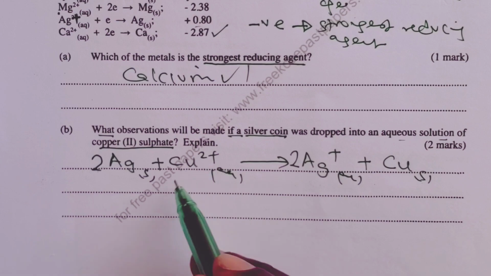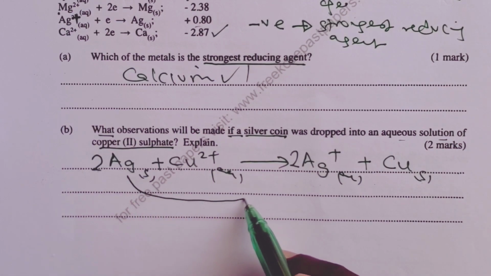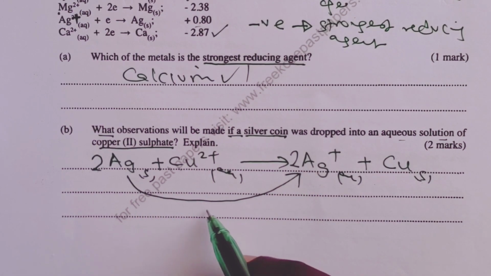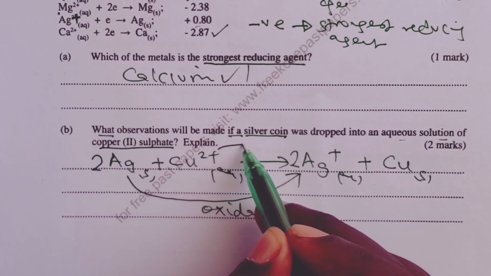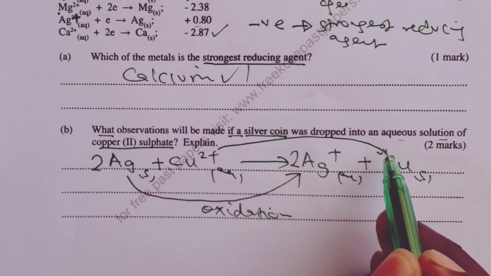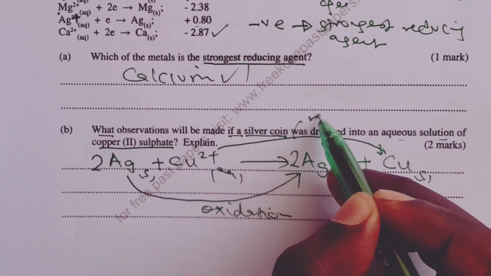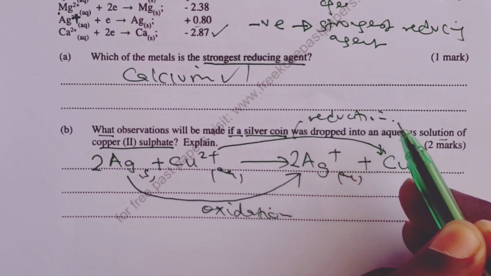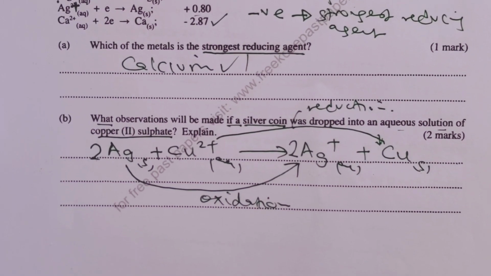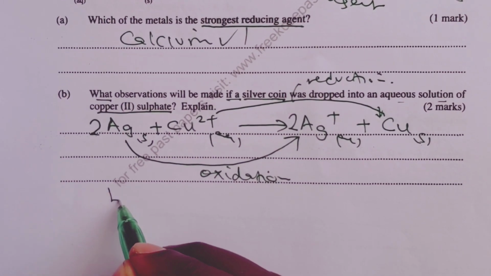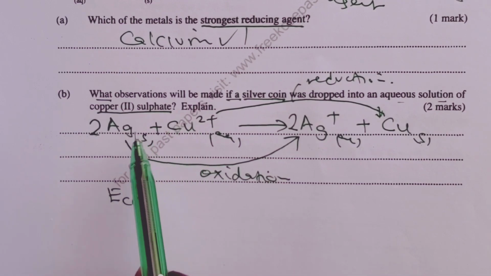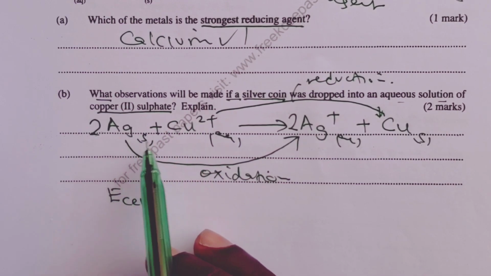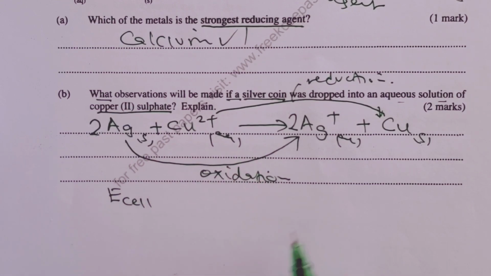So according to this equation, moving from silver to silver ions is oxidation. And moving from copper ions to copper metal would be reduction. We would then go ahead and calculate the E for the cell if we were to construct a cell of silver and copper and then connect the two.